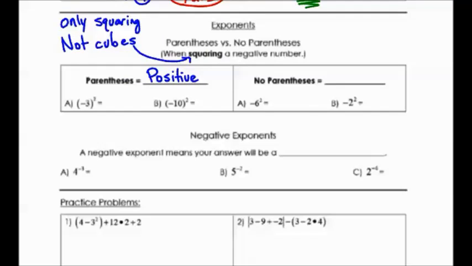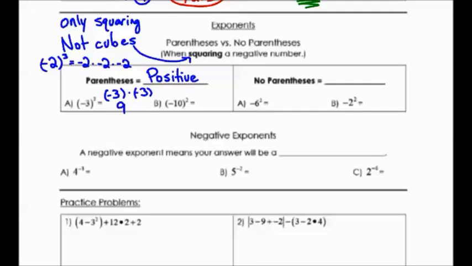Squaring a number means you're multiplying it by itself 2 times. So a negative times a negative would give you a positive. Cubing a number, like negative 2 cubed, means you're multiplying a negative times a negative times a negative, which would actually change it back to a negative 8 there. So in this first example, negative 3 squared in parentheses, that's negative 3 times negative 3, which would give us a positive 9.